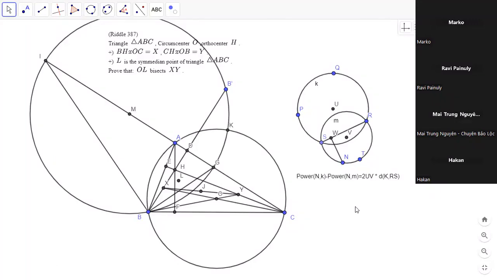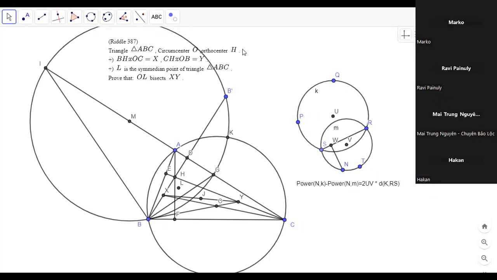Yeah, if you look at my video on IMO Shortlist, IMO 2019 number 6, you can calculate the power of J simply by Pythagoras. Oh, so JM squared minus... OL are equal.